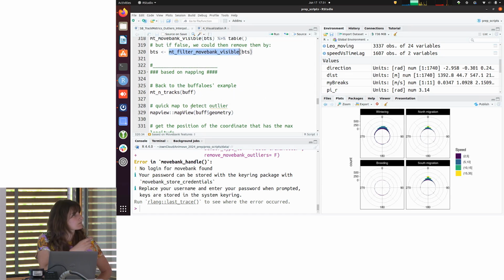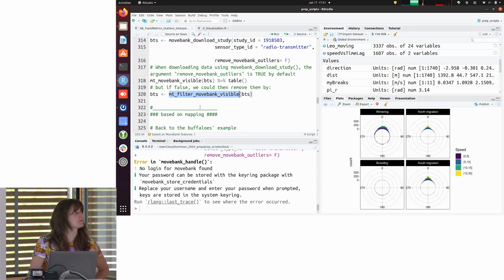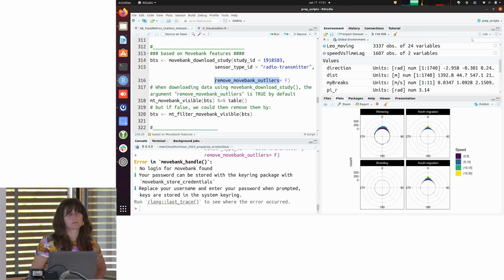I mentioned before that if you have marked the outliers in Movebank, but you want to recheck what was marked, because maybe somebody else marked it, you can use the option remove_movebank_outliers and set it to false, and then you download all data and can revisit how the outliers were removed.